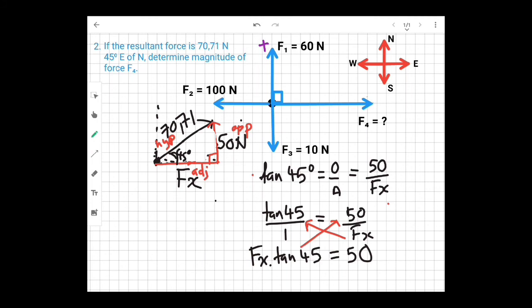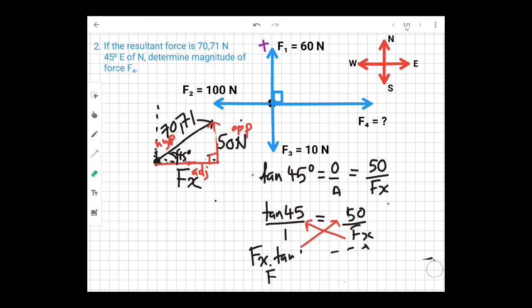Divide both sides by tan 45, so now you get Fx equals 50 divided by the tan of 45. If you use that on the calculator, you discover that the tan 45 is 1. You still get your answer of 50. So again, using trig ratios, we are getting that the sum of the forces along the x is also 50.